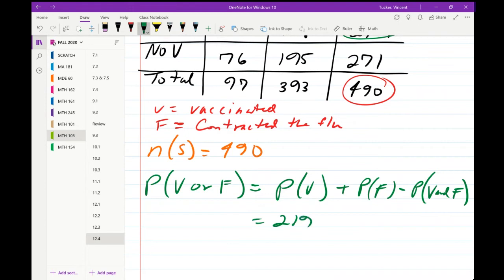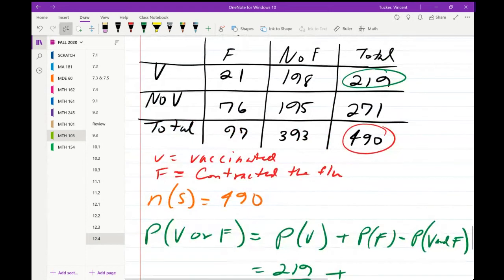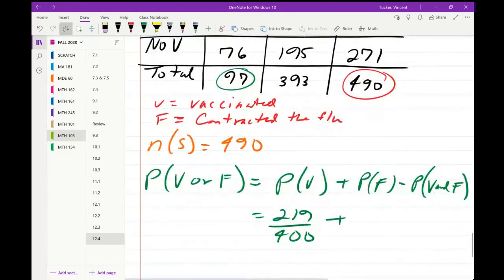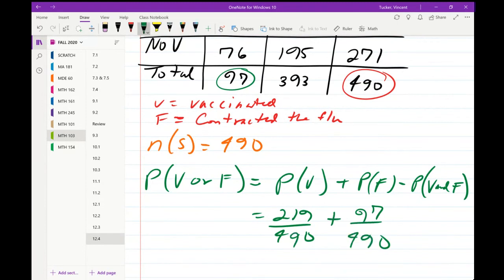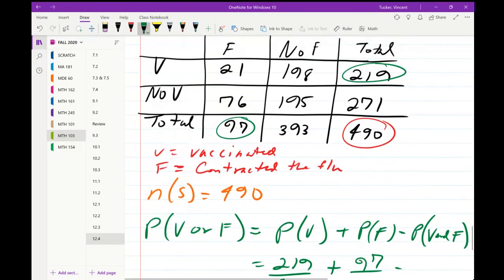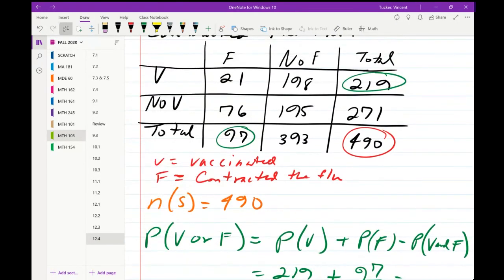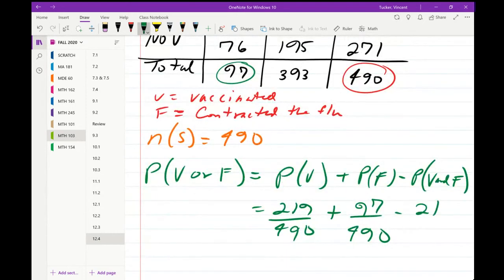So I'll write 219 over 490 plus the total number of those who contracted the flu, 97 over 490, minus those who were vaccinated and contracted the flu, which is 21. 21 over 490.